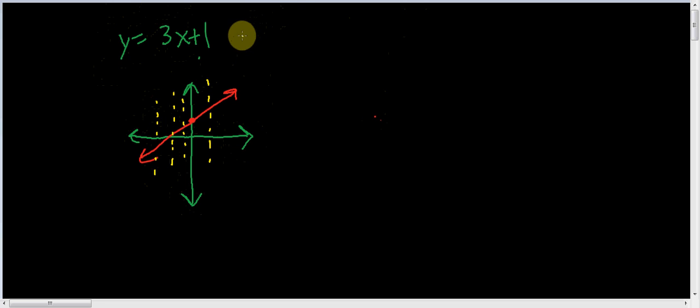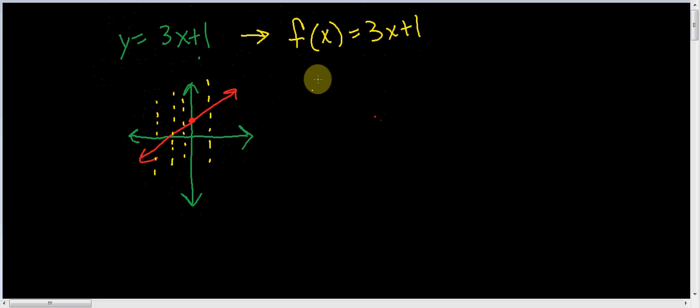So I could rewrite this equation using what's called function notation, and you guys have seen this before. I'm going to write f of x instead of y is equal to 3x plus 1. And this simply means that the equation is not only a relation, but it's a function because it passes the vertical line test. This f right here, this is the name of the function.